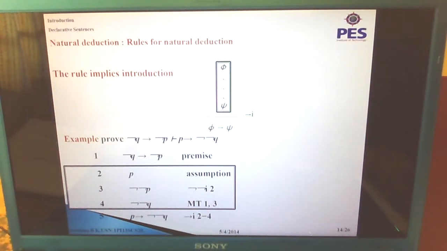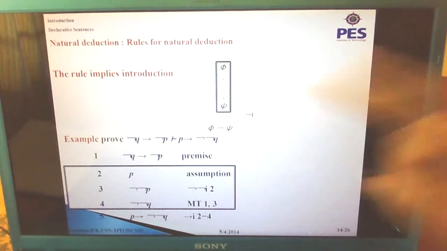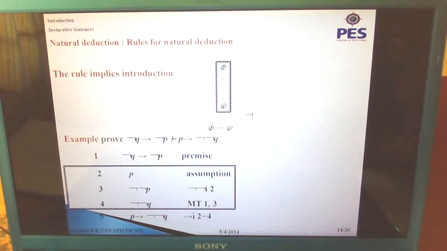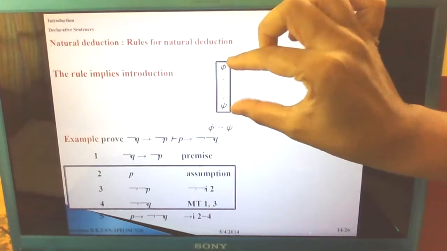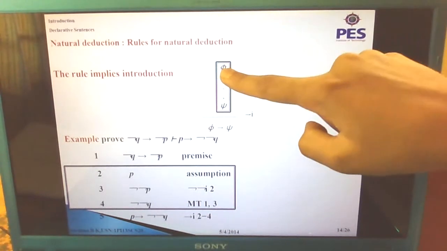The rule implies introduction. Here we are using this box. The reason is that all assumptions are made inside it. Here we are assuming phi is true.